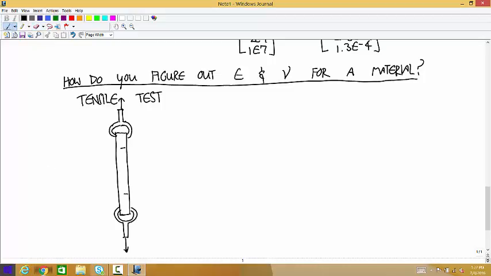And then for Young's modulus, you apply that force and then you measure what's going to happen: this stretches out here, this stretches out here. The material gets a little longer and a little thinner.